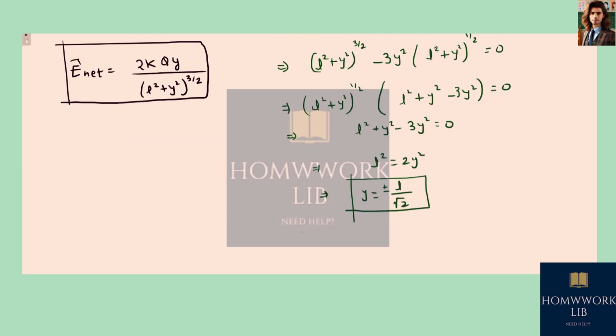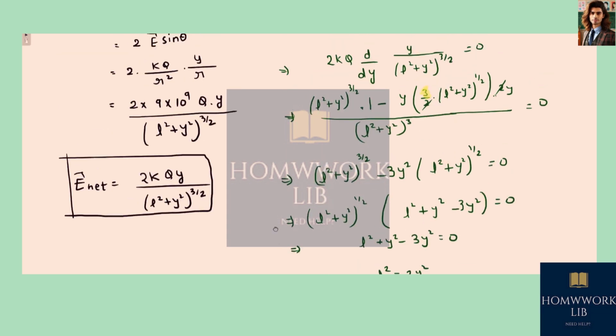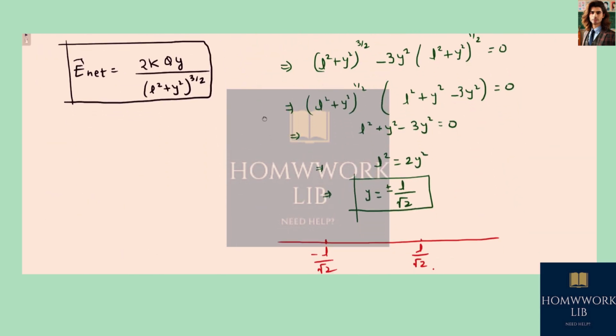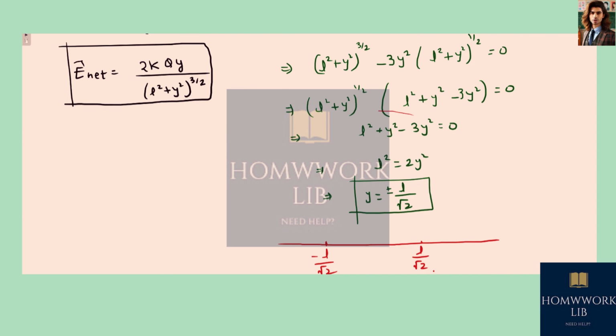And to prove that here we have a maxima, we are going to look at the sign of the derivative. So minus L over root 2 and L over root 2. So if we look at the sign of the derivative, let's see. The derivative is L square minus 2y square.